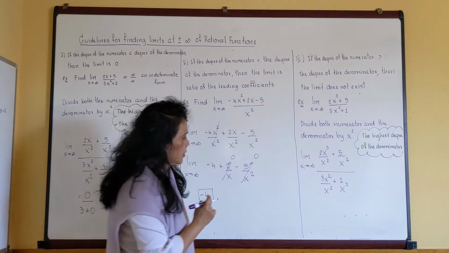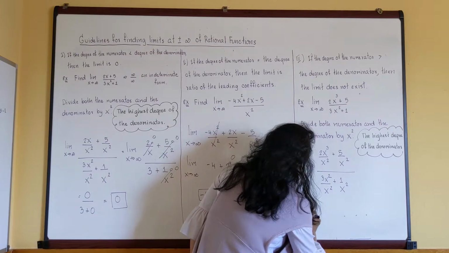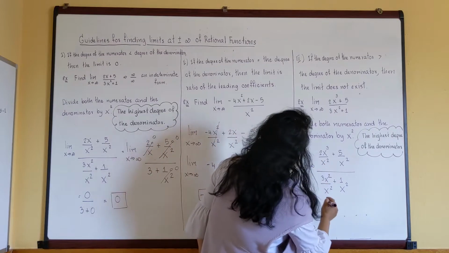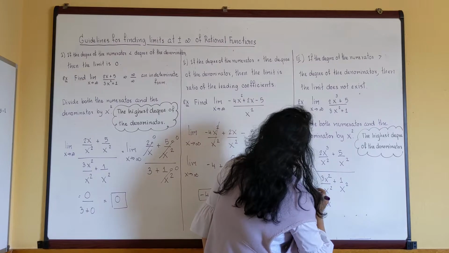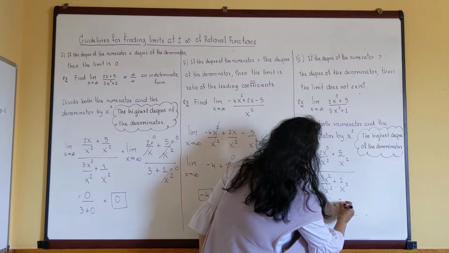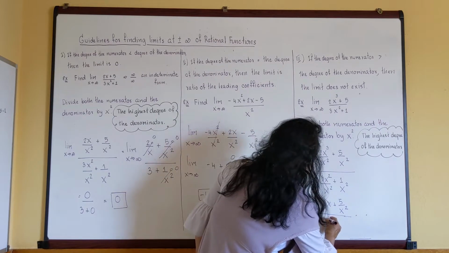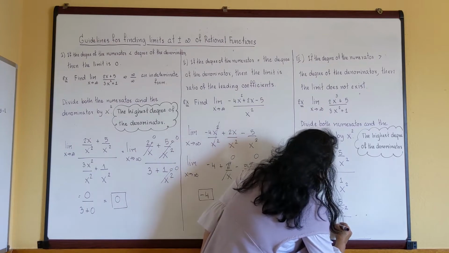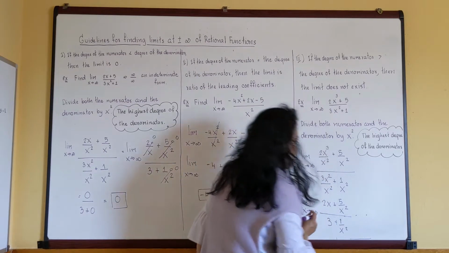I will simplify this. I will have the limit as x goes to infinity. The first term I would have 2x. The second term I would have 5 over x squared, divided by 3 because the x squared cancels out, plus 1 over x squared.